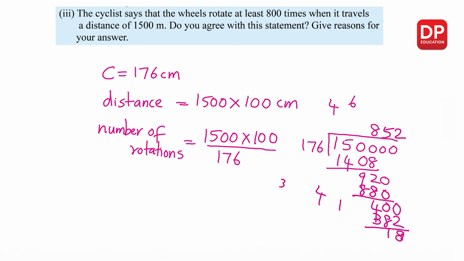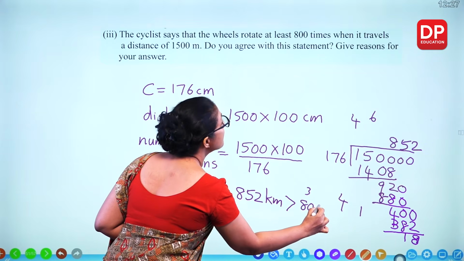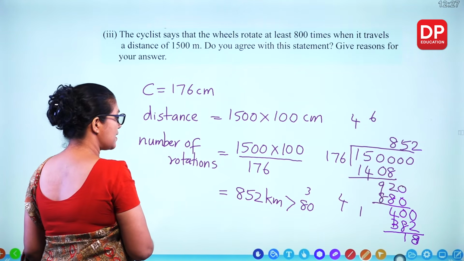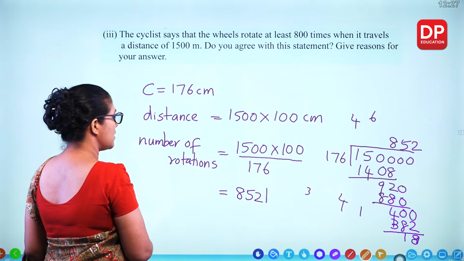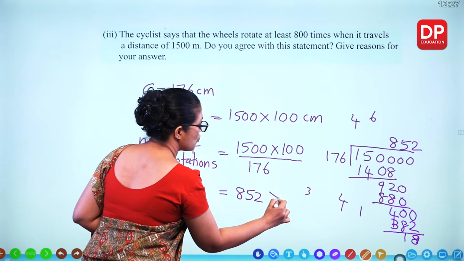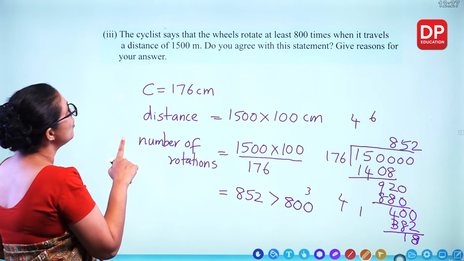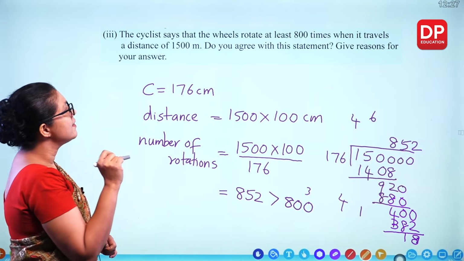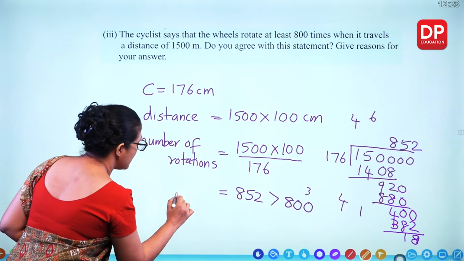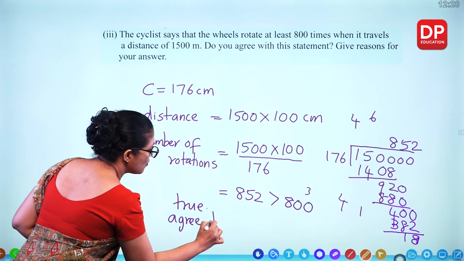So this is 852 rotations. That means more than 800. This is the number of rotations. So 852 is more than 800, so it's true and we can agree with the statement.